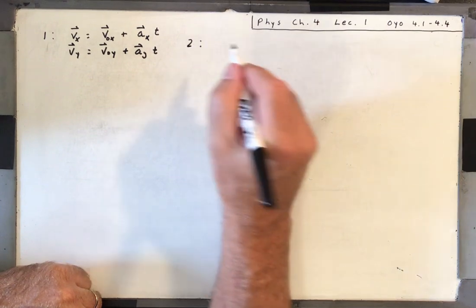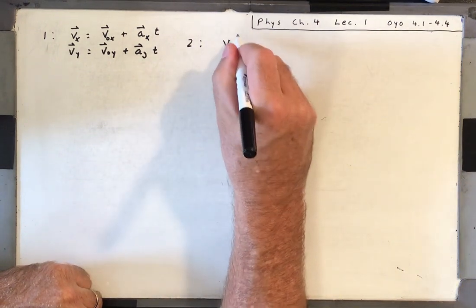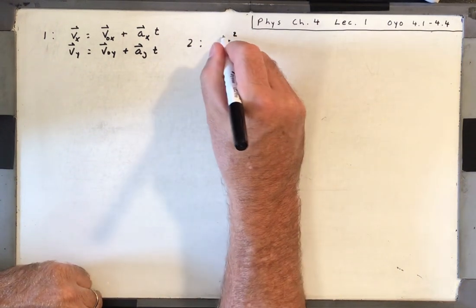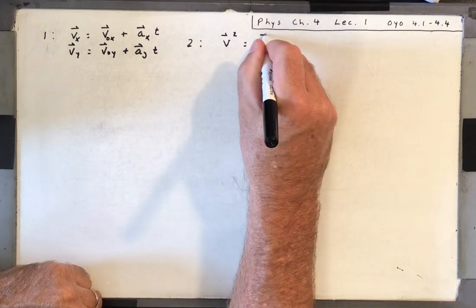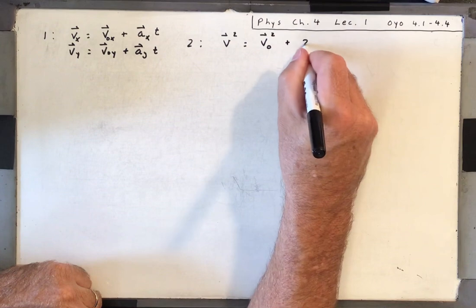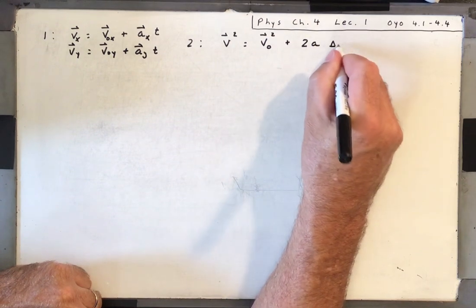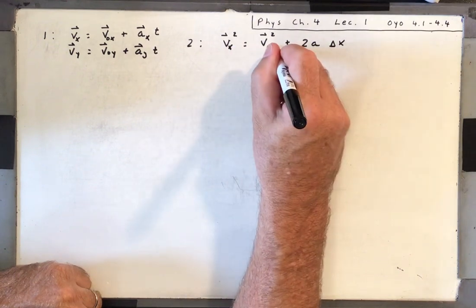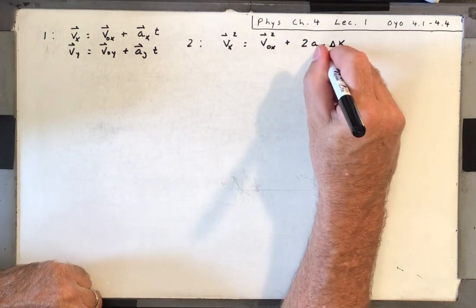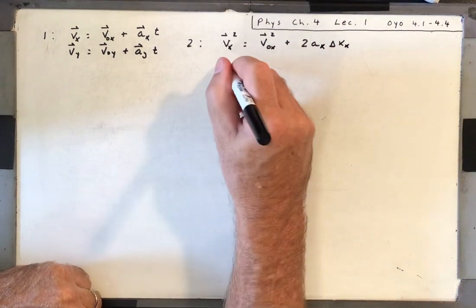Equation 2, what's that? Well, that was final velocity squared is equal to initial velocity squared plus 2a delta x, but we have an x component for all that. We can write the x version and then the y version.